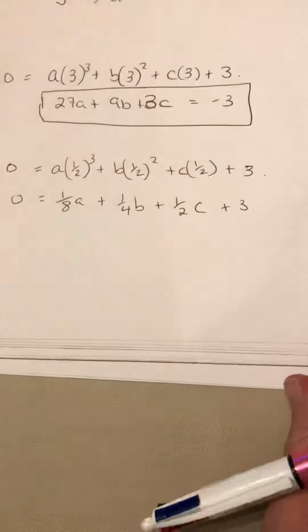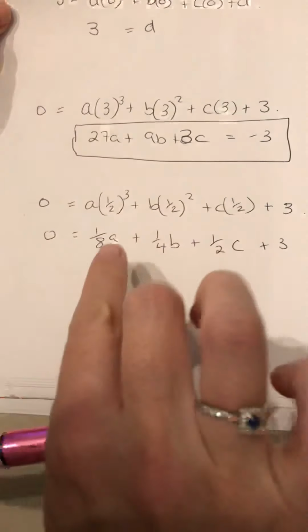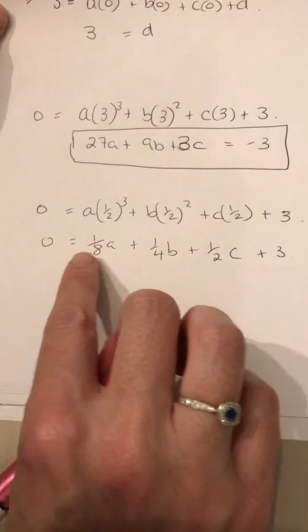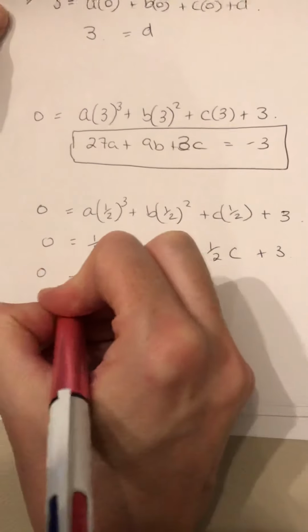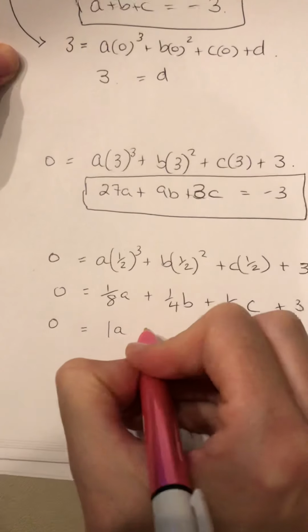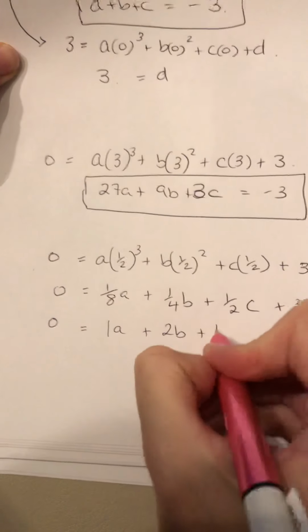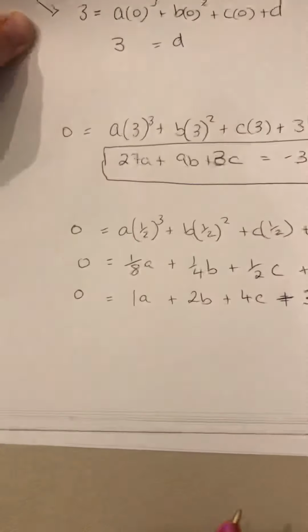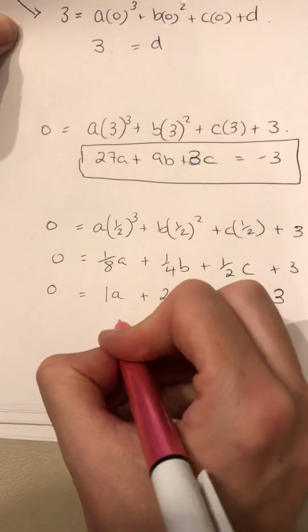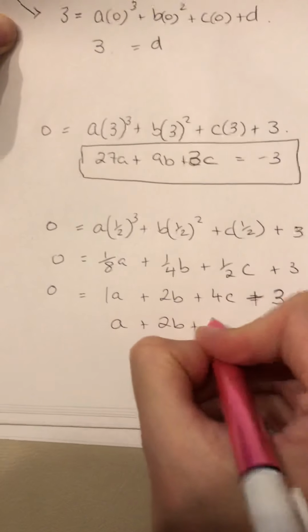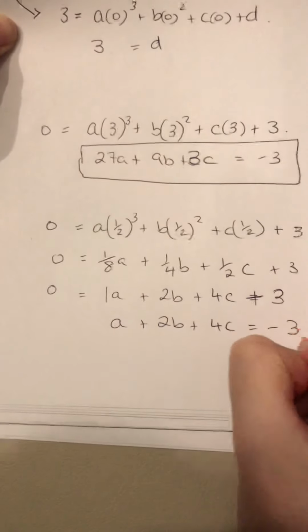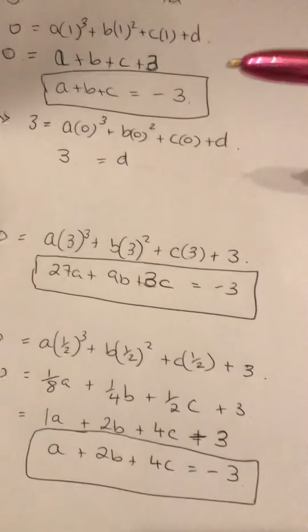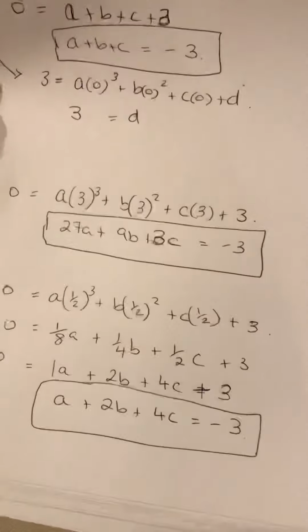So 0 times 8 is 0, then we have a plus 2b plus 4c is equal to minus 3. There's my third one. And off I go and solve my simultaneous equations.